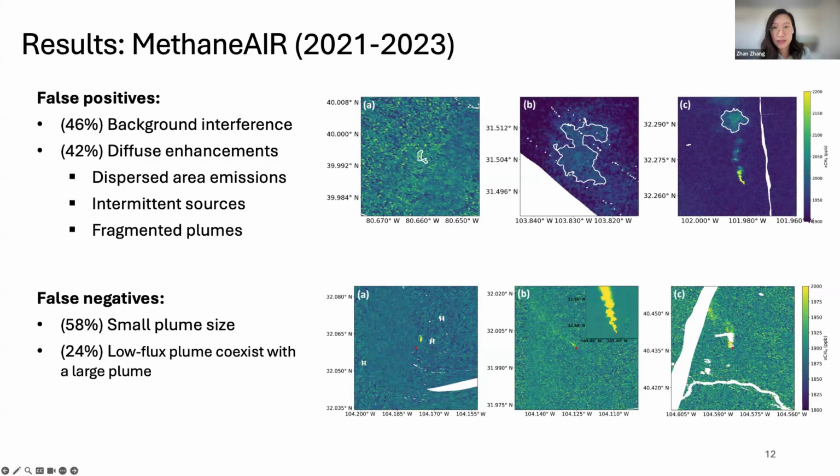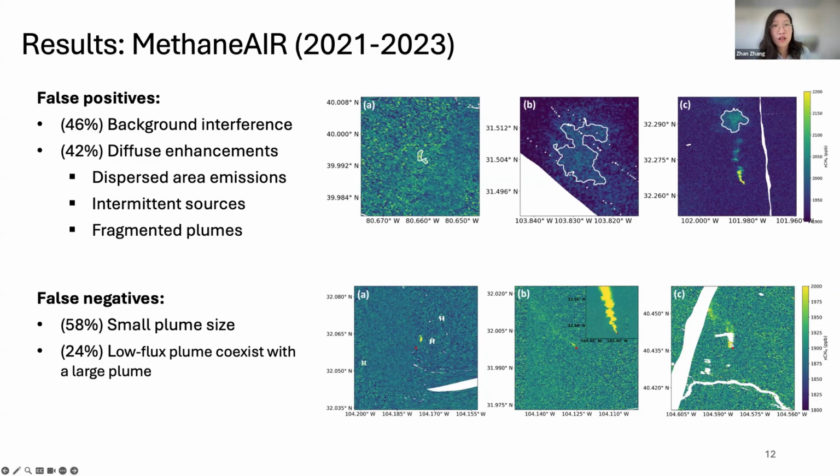In such cases, the wavelet denoising suppresses the true plume signal by treating it as noise, and thus misses the true plume. Another 24% occur when a plume is located near a much stronger one, like figure B in the bottom panel.